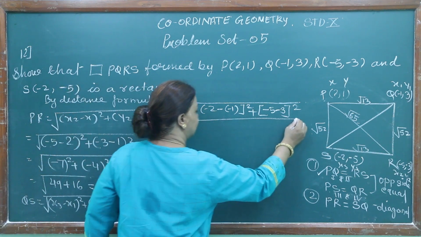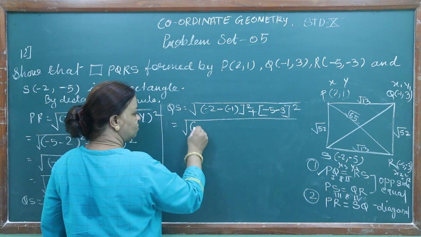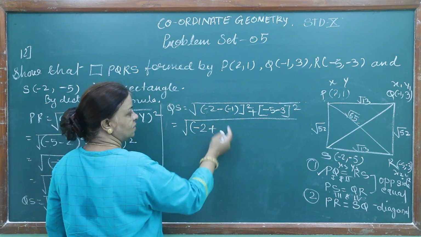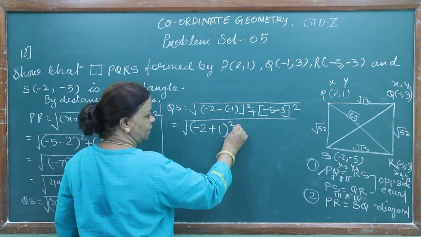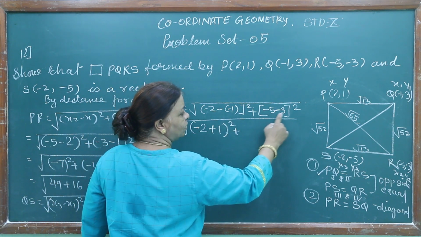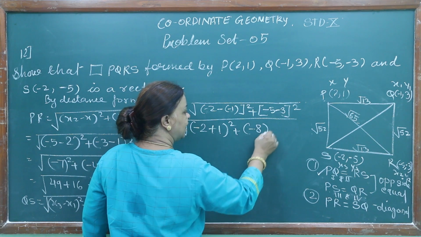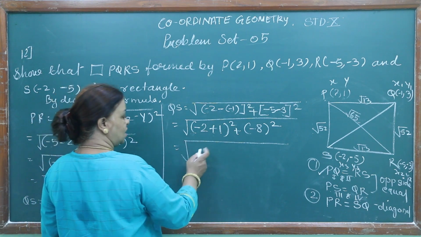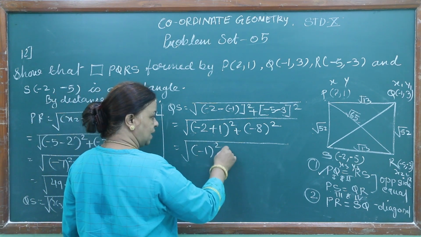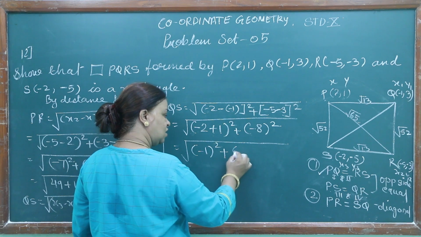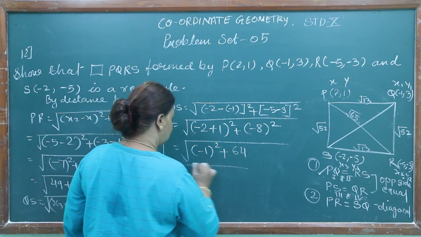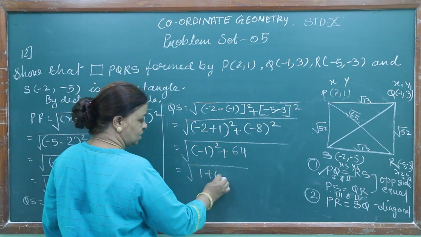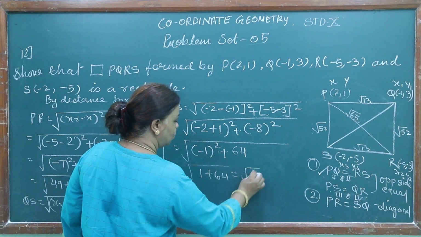Now when we place it, minus, first is minus and then 2, minus minus will become plus, and then 1 the whole square, plus both are minus, so they both will be added. So it will be minus 8 the whole square. Then minus 2 plus 1 is minus 1 the whole square, plus minus 8 the whole square is 64, which is equal to 1, minus 1 the whole square is 1, plus 64, and that is going to be under root 65.